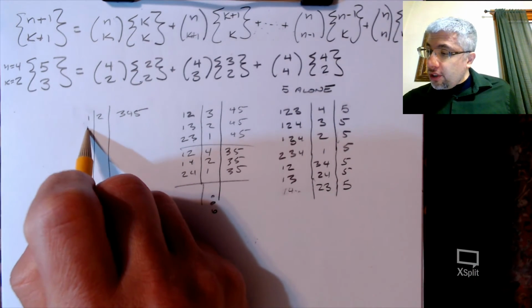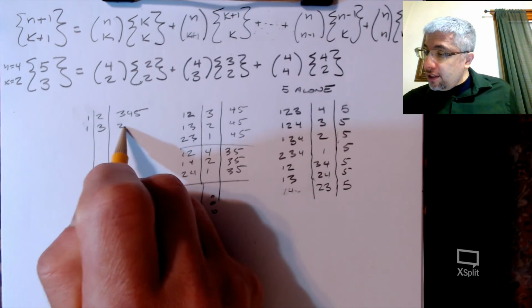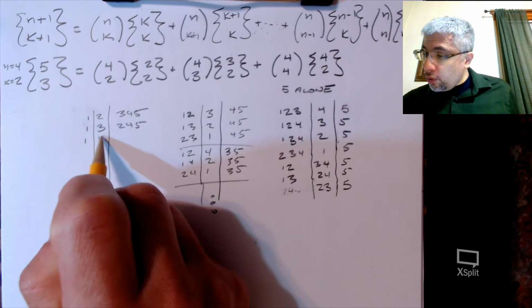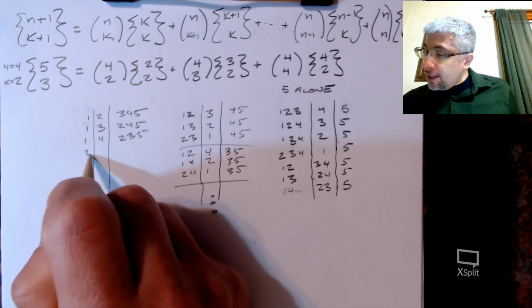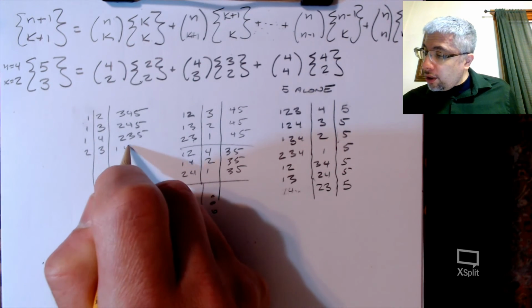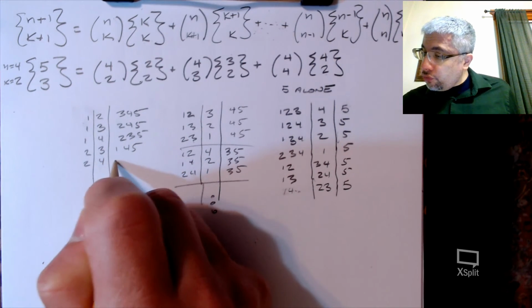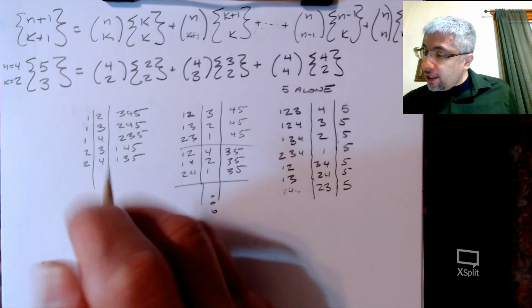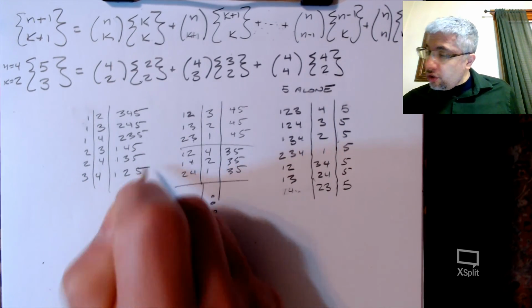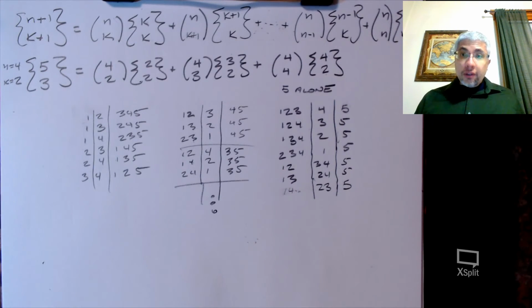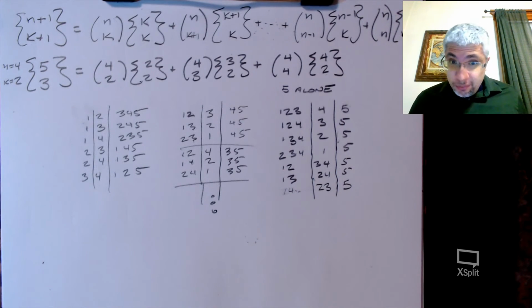But I could also have the 1, 3, 2, 4, 5, the 1, 4, 2, 3, 5, and I could have the 2, 3, 1, 4, 5, the 2, 4, 1, 3, 5, and the 3, 4, 1, 2, 5.